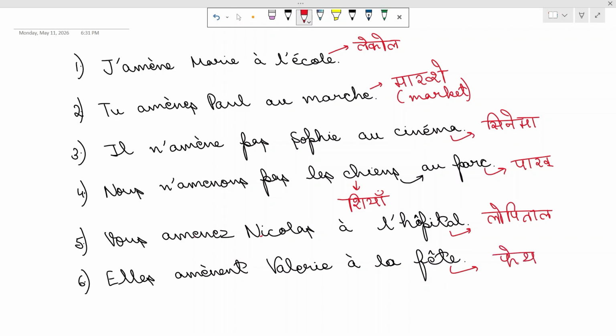Fête means party. L'hôpital means hospital. Parc means park. Cinéma we already know. Marché. L'école means school.